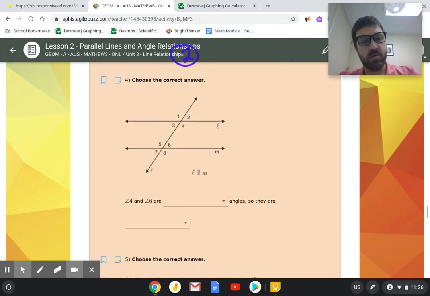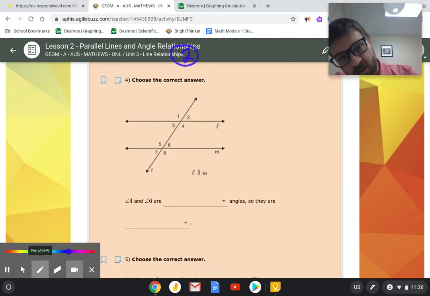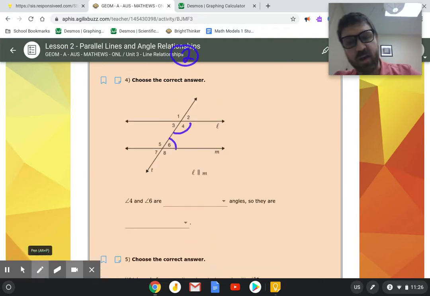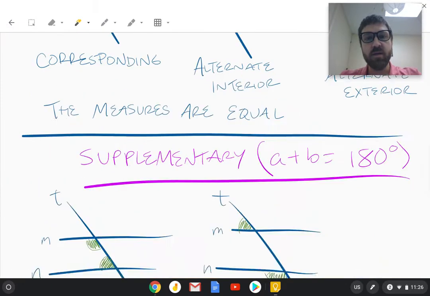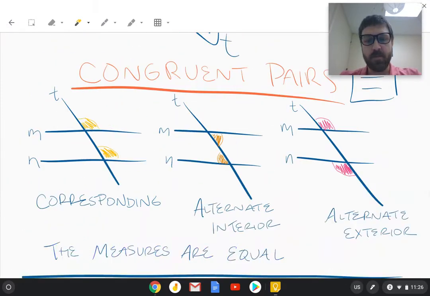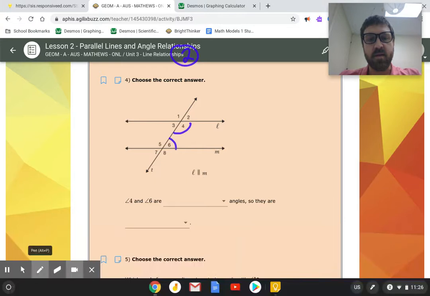So then the next one, you need to do this one, 4 and 6. What is the relationship between 4 and 6? Which category do 4 and 6 fall under? And then after you do that, what is the relationship? Are they same side interior, same side exterior? Therefore, they are congruent. Are they supplementary? What is it? So you have two answers. You need to name the relationship, and then you need to say what the relationship means.